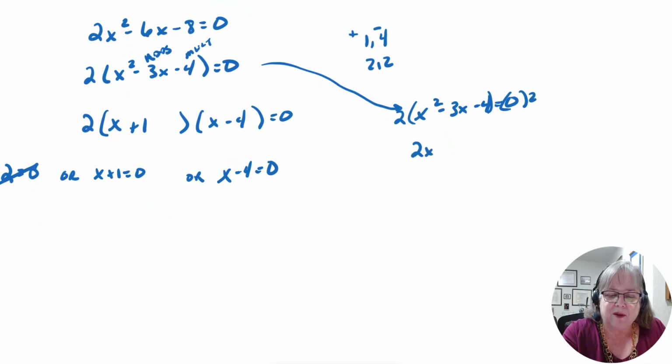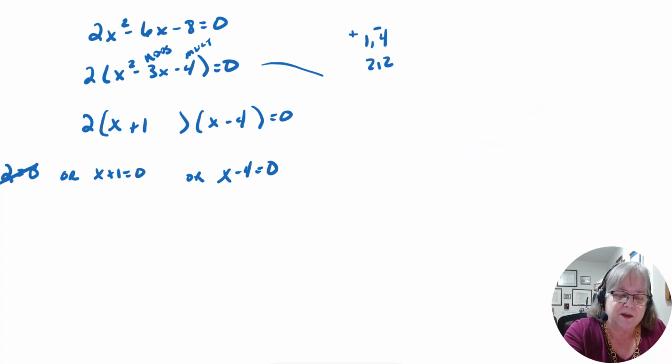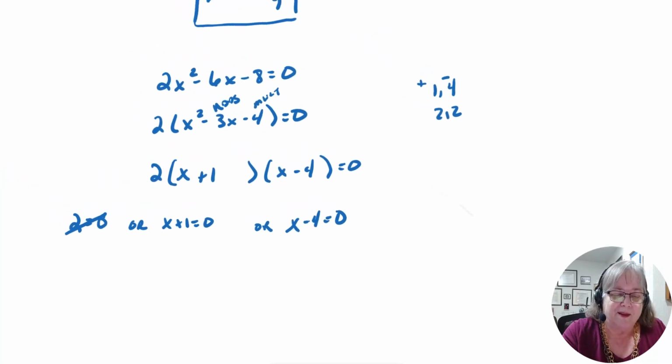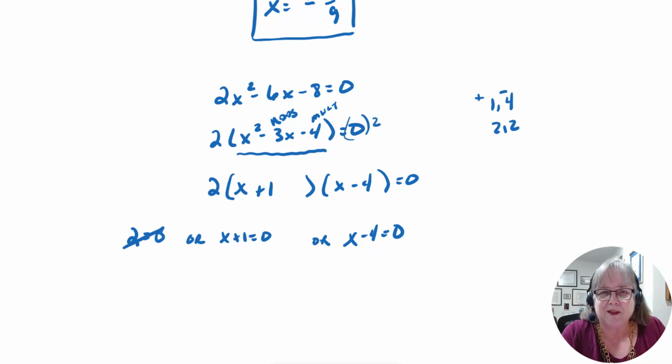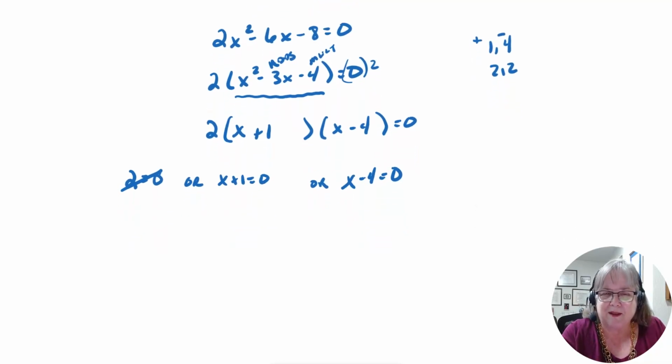So you'd have 2x squared minus 6x minus 8 is equal to 0, which is where we started. So in effect, it's like when they built this, and this is probably actually how it happened, they came up with this x squared minus 3x minus 4, and they multiplied it by 2 because when it's equal to 0, the 2 on the other side doesn't show up because 0 times anything is 0.